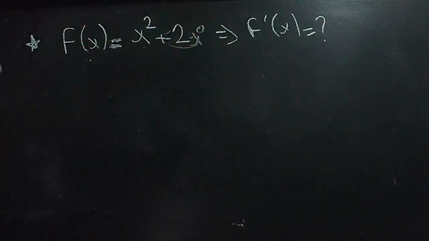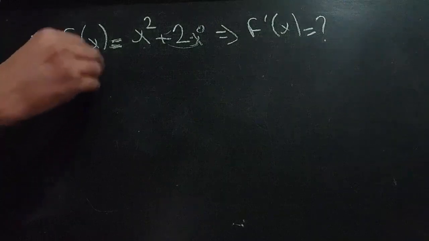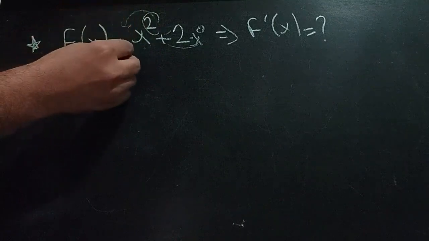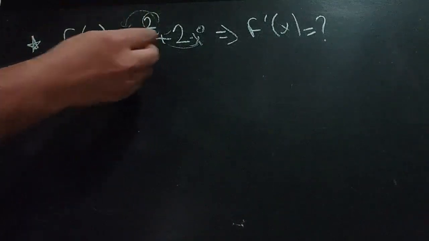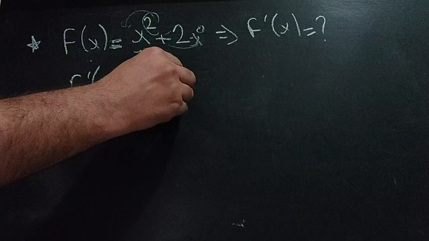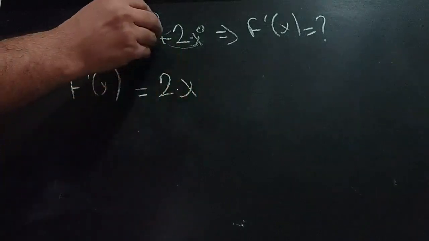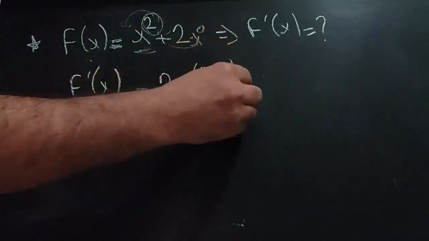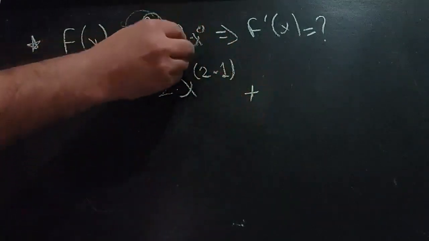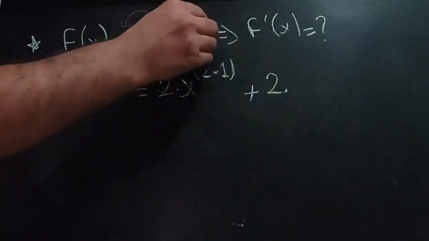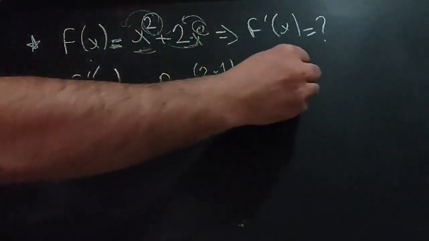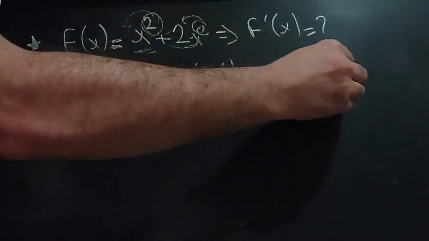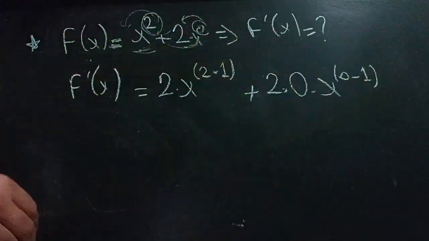So remember what I told you, you are going to bring the power to the left side of the unknown. That will be 2 times x, and you decrease the power by 1, 2 minus 1, plus this one, see, 0 times x, decrease by 1, 0 minus 1.